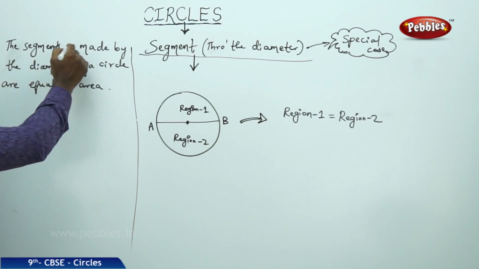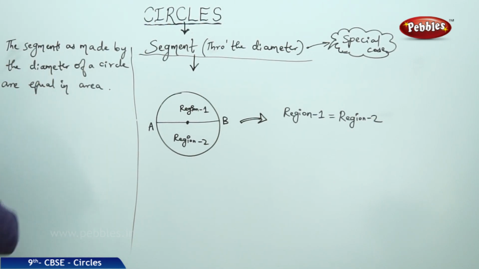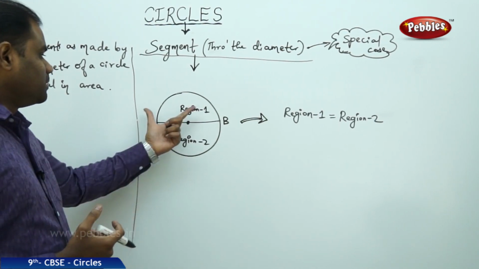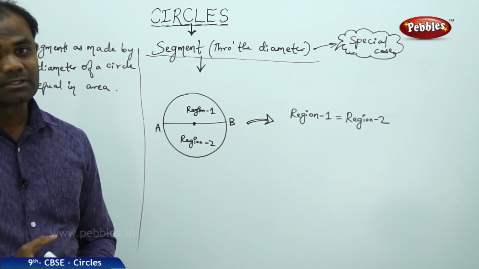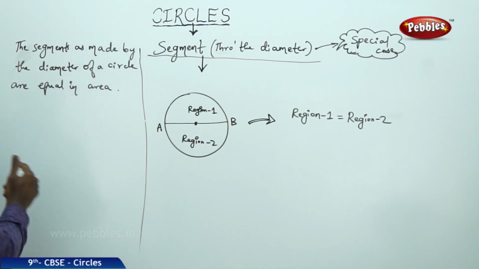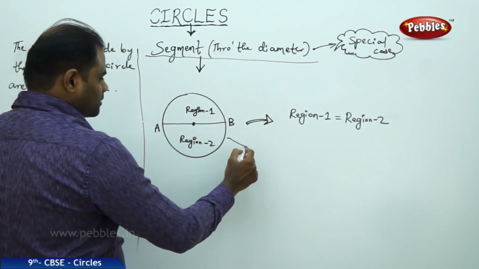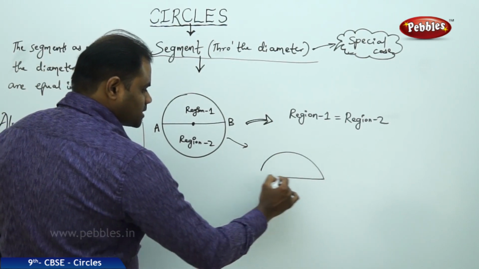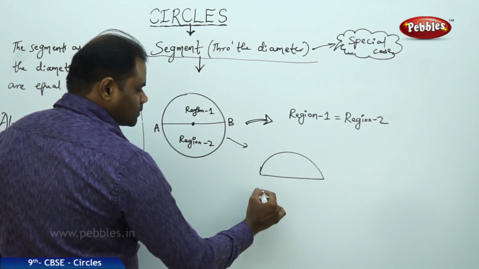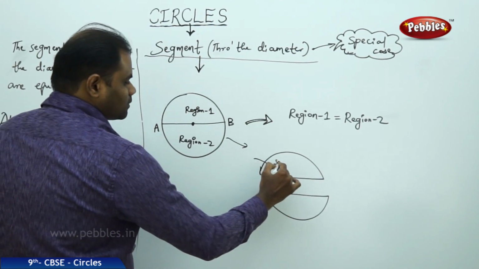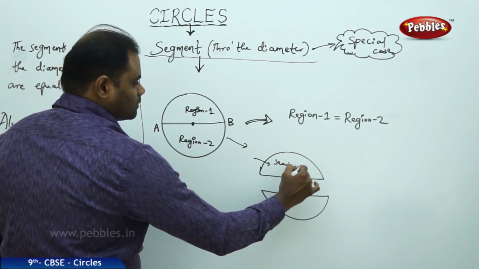The segments as made by the diameter of a circle are equal in area, and hence the major segment and minor segment are equal. And also, when I take each of the segments, I get a semicircle. That is how I understand each of them being a semicircle.